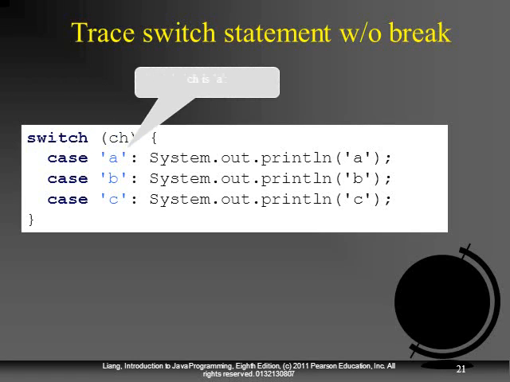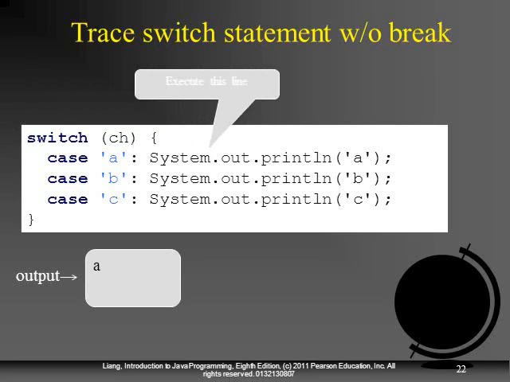Once we start our case statement, the first test is for ch equal to a, and we know that is true because we've assumed that ch is a. So since ch is a, the statements following the case statement would be executed.